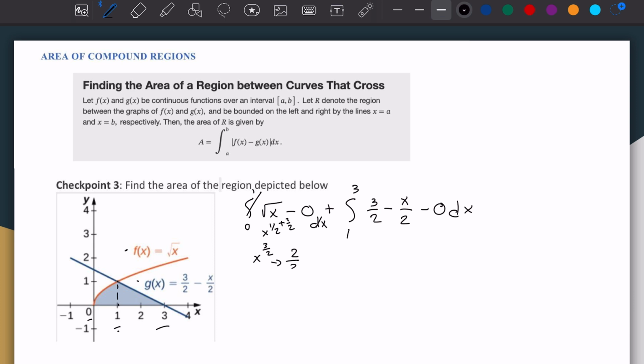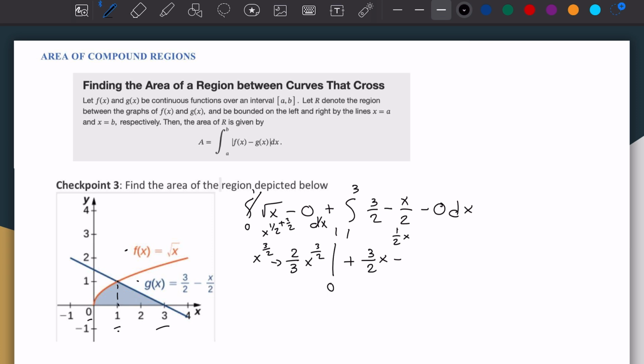So it's 2 over 3 x to the 3 over 2, 0 to 1, plus 3 over 2 x minus, and this is going to be a lot like the last problem that we had, where essentially this is 1/2 x.